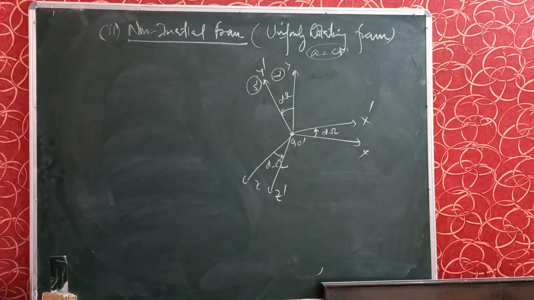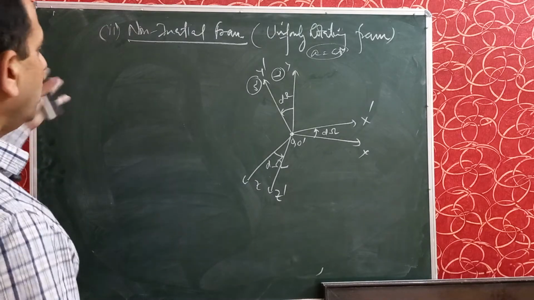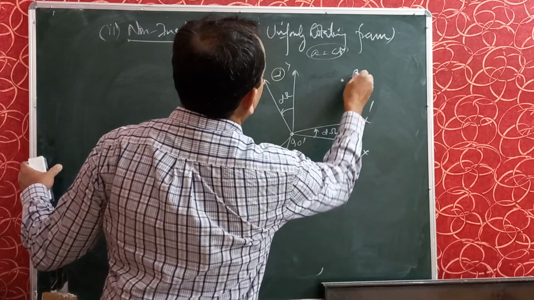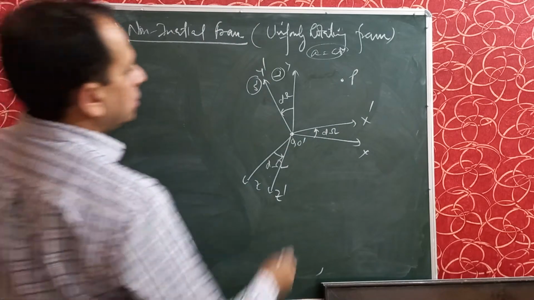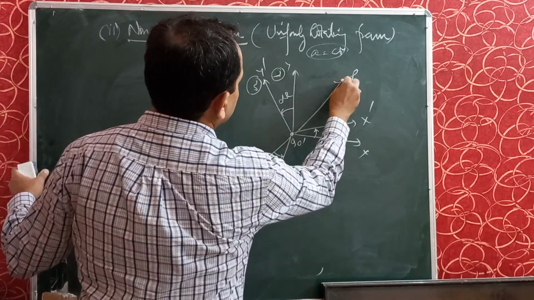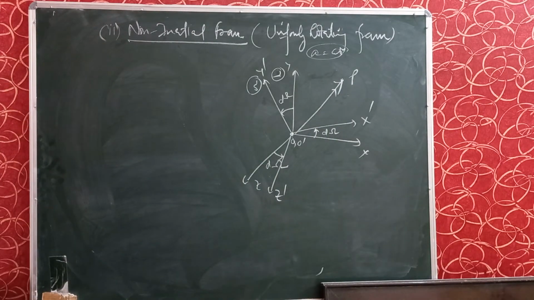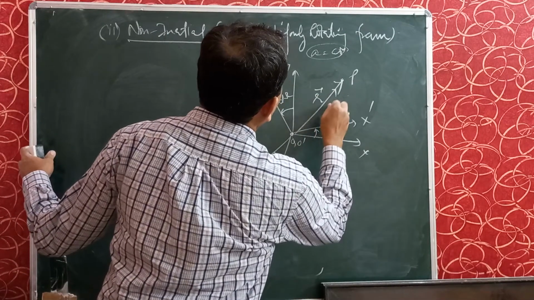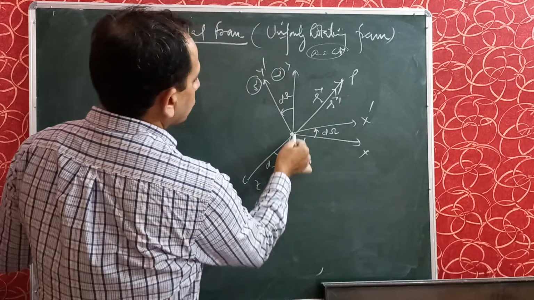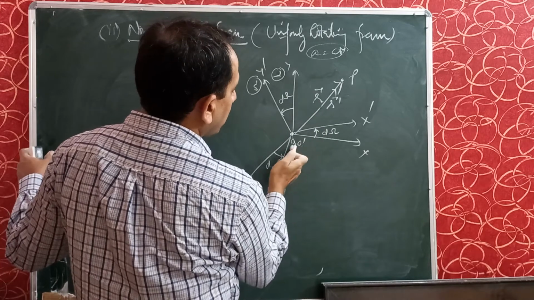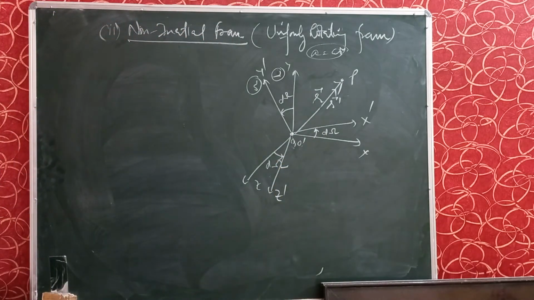This set of frames is also called non-inertial frames of reference. We will find all 5 parameters for the point particle P. Again, the particle is lying here. We will measure the position of this particle with respect to the S frame as well as the S dash frame. In this case, R and R dash, because OP is R, and O dash P is also here because O and O dash coincide.